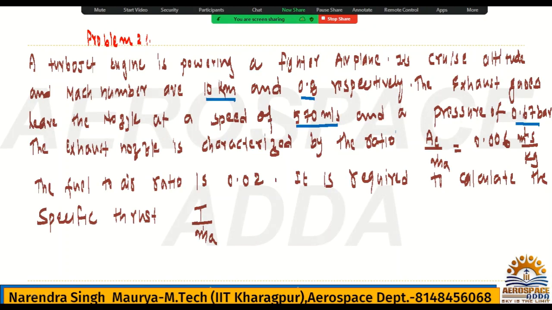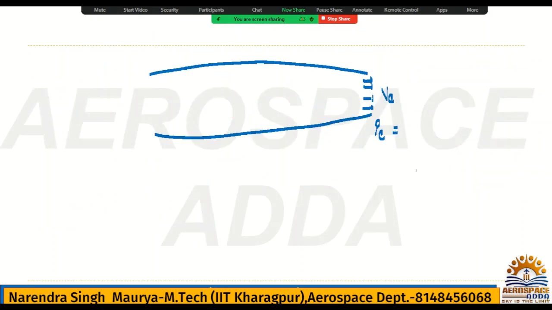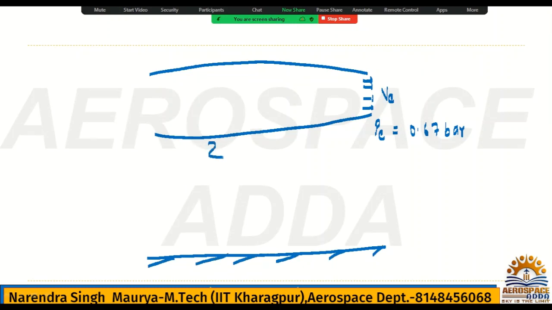They have given 0.67 bar. And this aircraft is flying at 10 kilometer altitude.